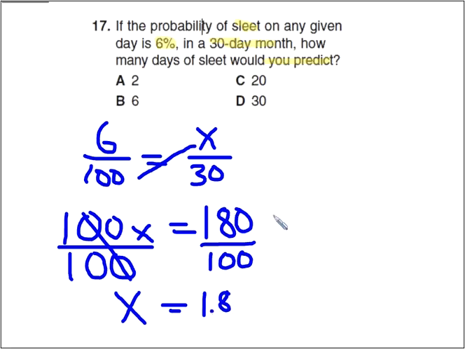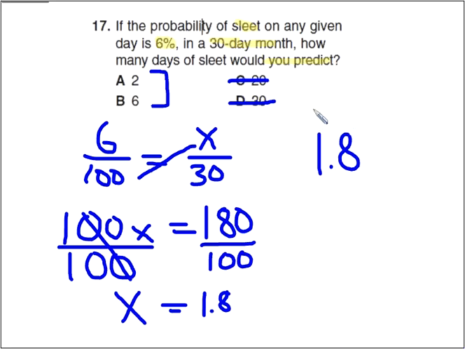You can use a calculator for that. But it goes 1.8 times. So looking at my answers, 6% is kind of a small percent. I can eliminate 30. So 6 out of 100, I know right off the bat that's not equivalent to 20 out of 30. But these two I might question. So I did solve it out, 1.8. I think we will round that to the nearest day.